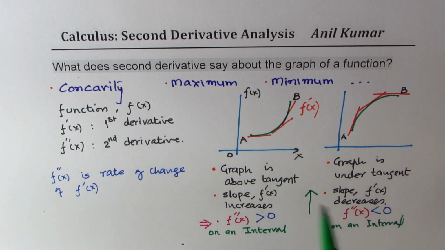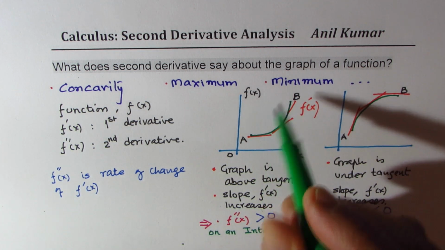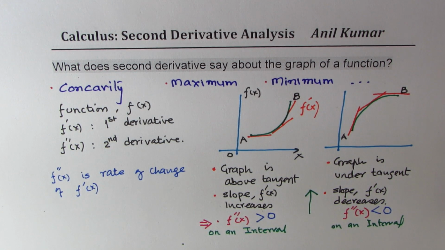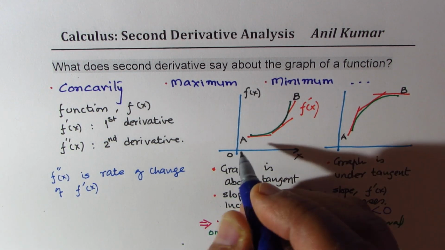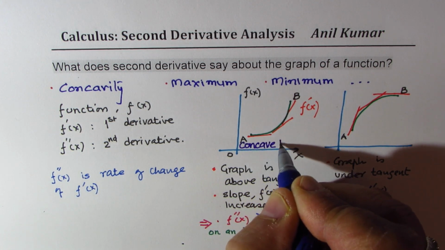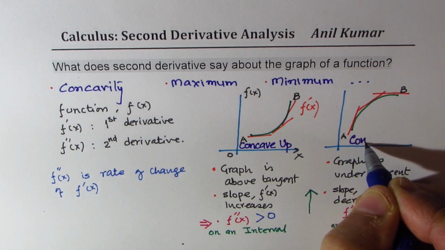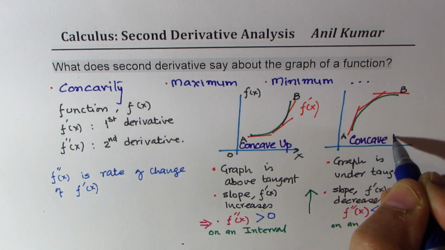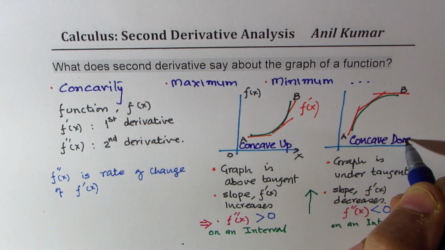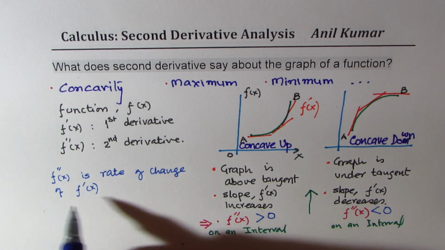Perfect. Now, this is such a useful concept. And from here, we'll also say one thing about the shape of the graph. This shape is called concave up. So the graph which we have drawn in the first case, we'll call concave up. And in the second case, it is concave down. Now, what are we considering?